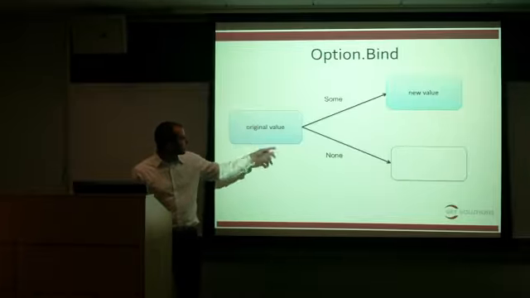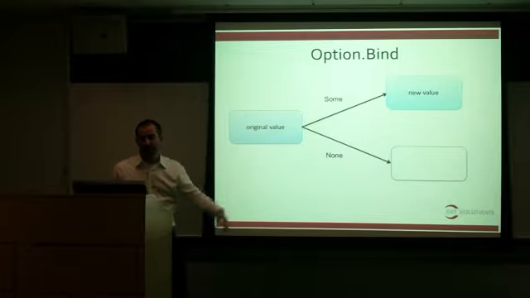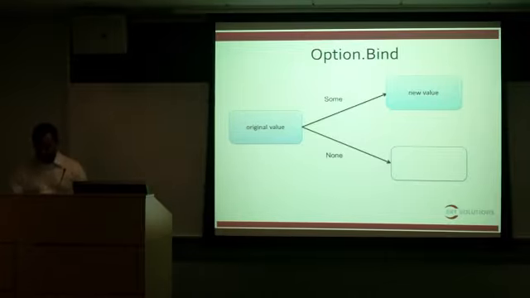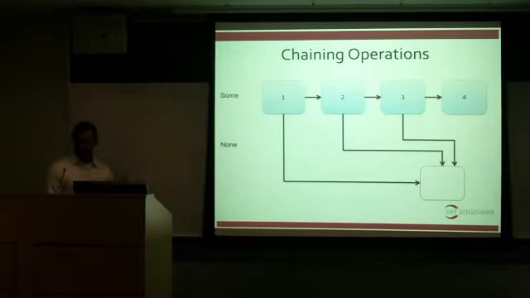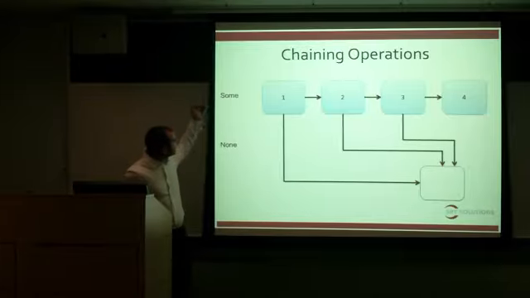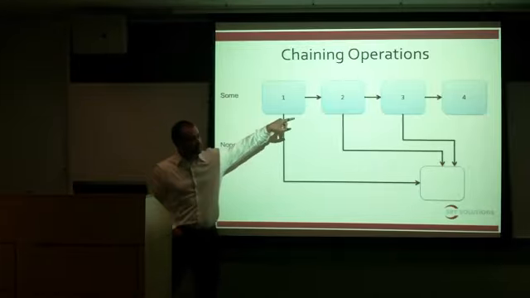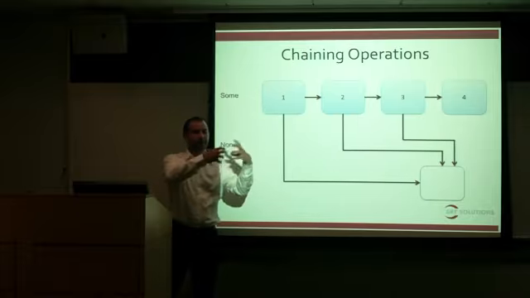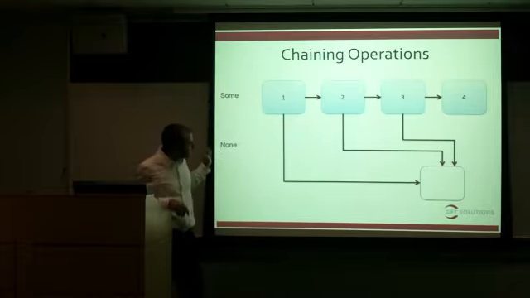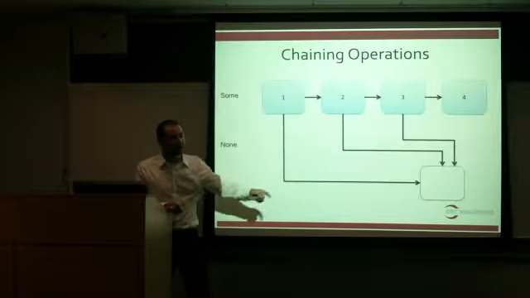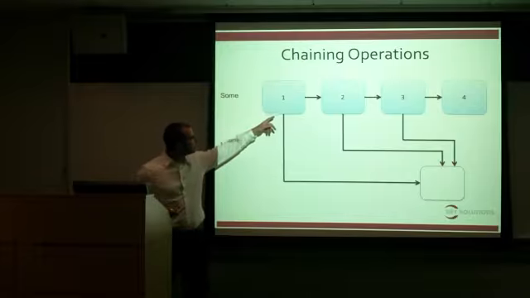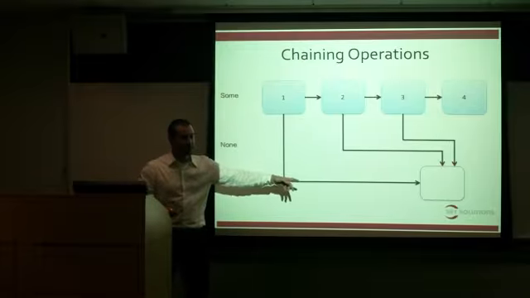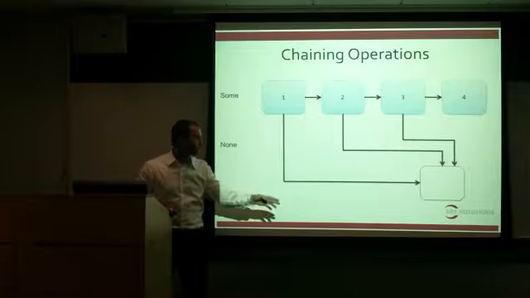If the original value is None, it will just return None. So you can chain these together so that if it's Some, it always keeps returning the next operation to do in the tree. If it's None, it always returns None. So if step 1 is None, the final result is None. Step 2 is None, final result is None.